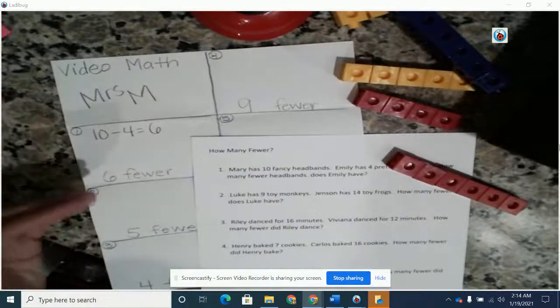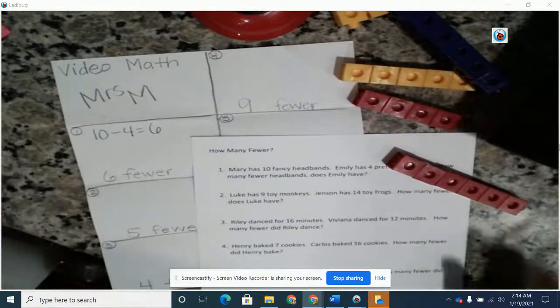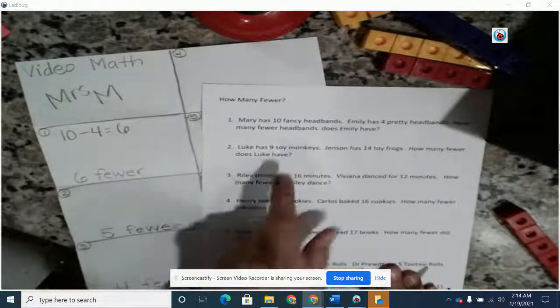So I want you to go back and write the subtraction equation for each one. And I know you can't see the words really well, so I'm going to help you. So number 2, Luke has 9 toy monkeys. Jensen has 14 toy frogs. So how many fewer? We know how many fewer, but how do I set up the equation? The biggest number has to go first.